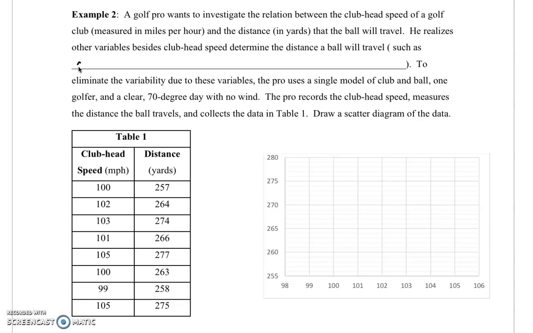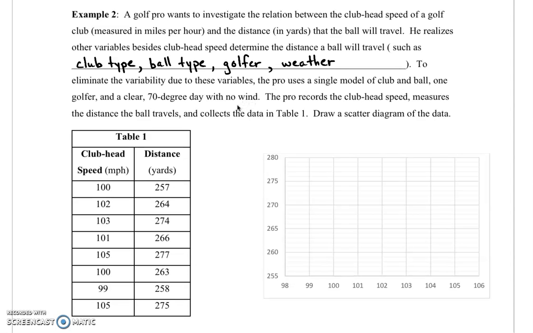So other things would be club type, ball type, the golfer, or the weather.